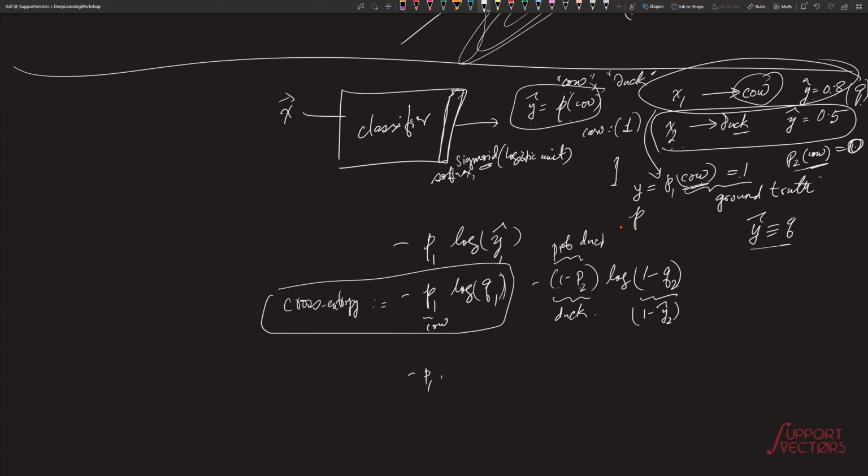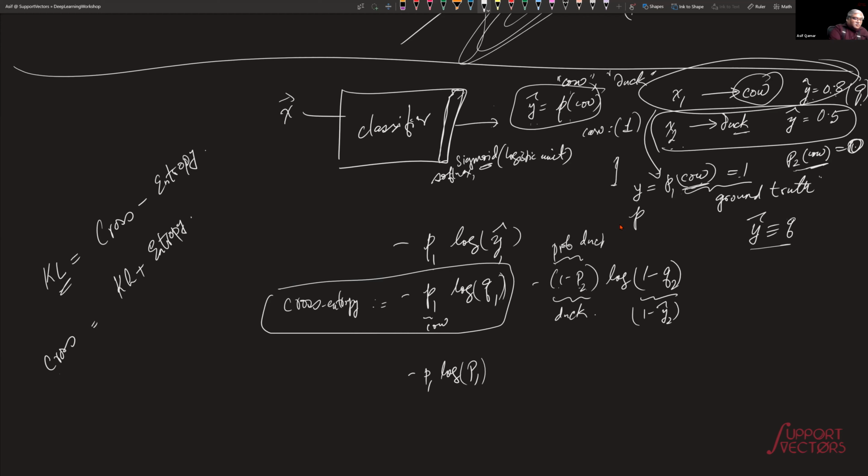minus P1 log P1, right? At this point, the cross... So in other words, let's go back to it. KL is equal to cross minus entropy, right? So think about this: cross is equal to KL plus entropy.